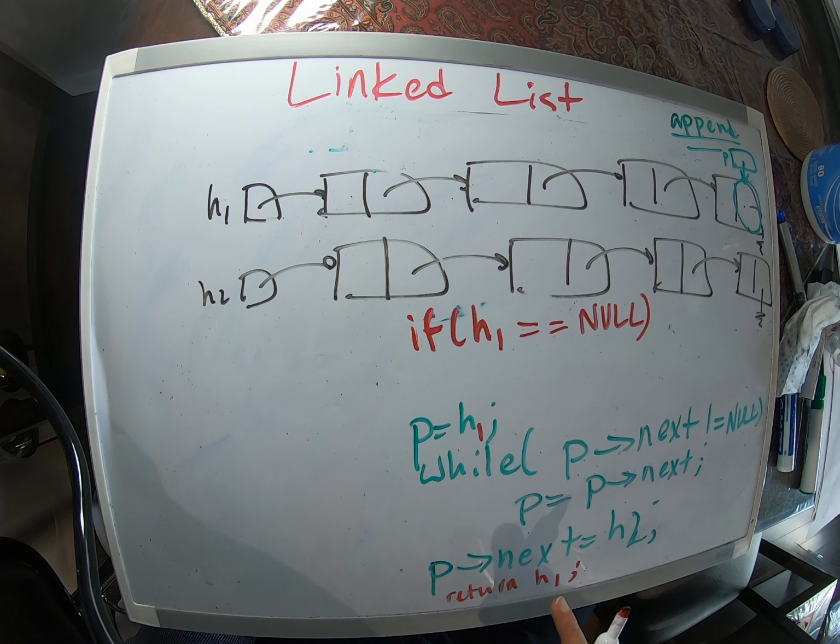If H1 is equal to null, it means there's nothing to be added from this linked list to here, so just return H2. And the same thing here, if H2 is equal to null, there's nothing here to be added, so return H1. There's no need to traverse.